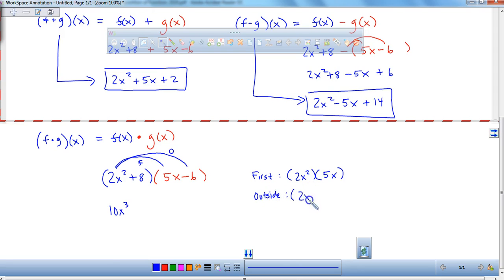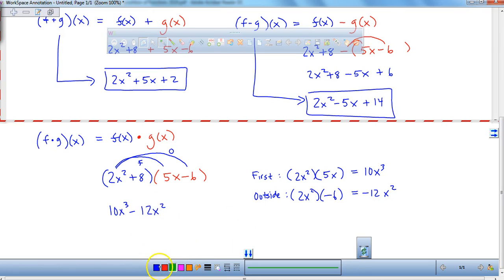So we have 2x squared times negative 6. And just like this was 10x cubed, this is going to be negative 12x squared. So I'll put minus 12x squared.